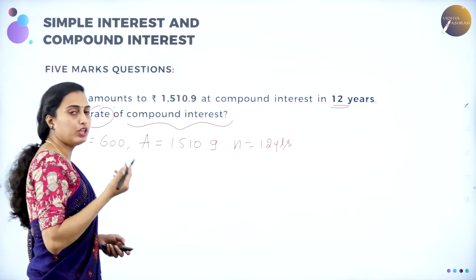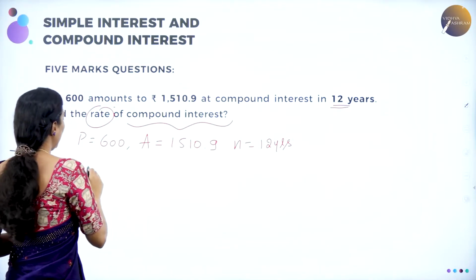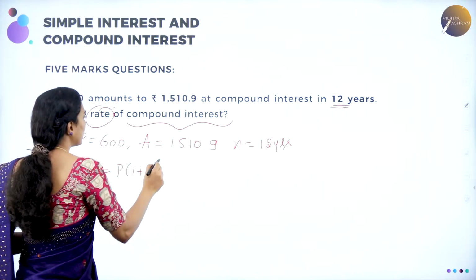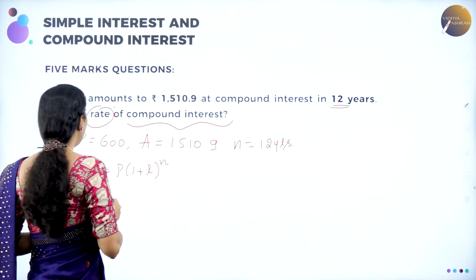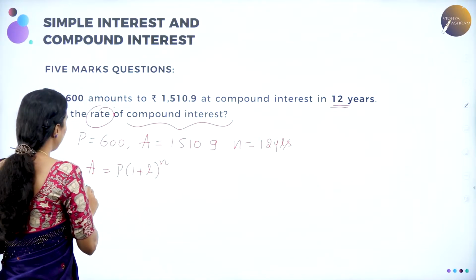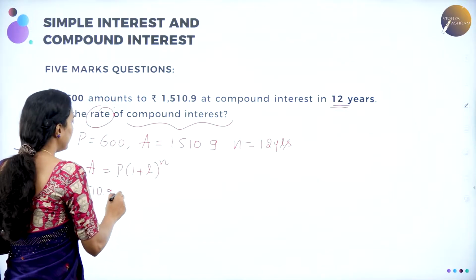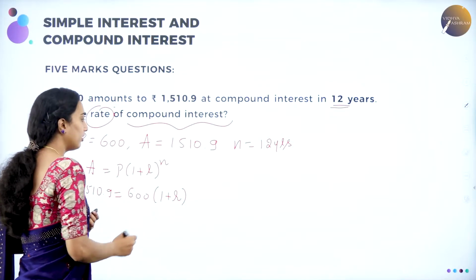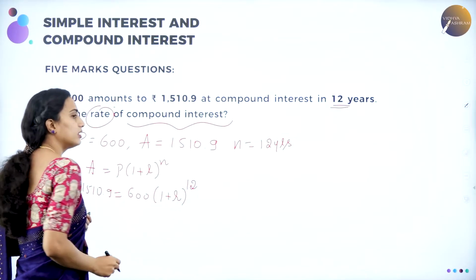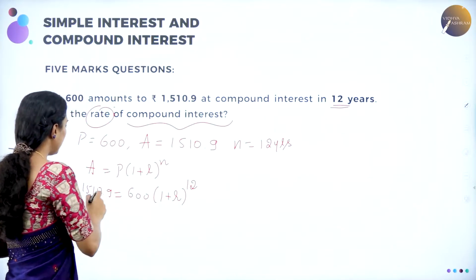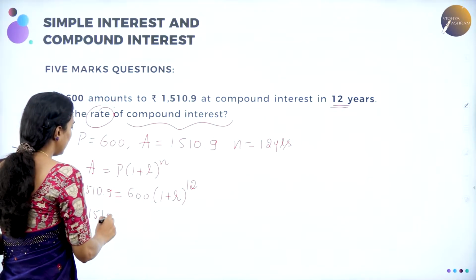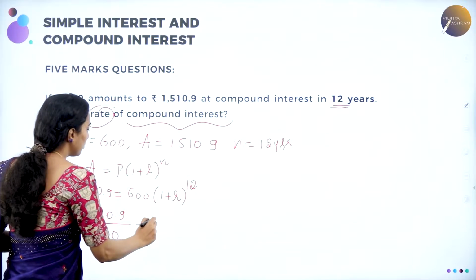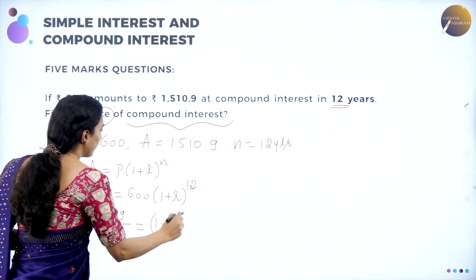So what is the formula? We know that A will be equal to P into (1 plus R) whole to the power of N. Now you are going to substitute: 1510.9 is equal to 600 into (1 plus R), we don't know R, we need to find that, and N is 12. Now 1510.9 divided by 600 is equal to (1 plus R) whole to the power of 12.